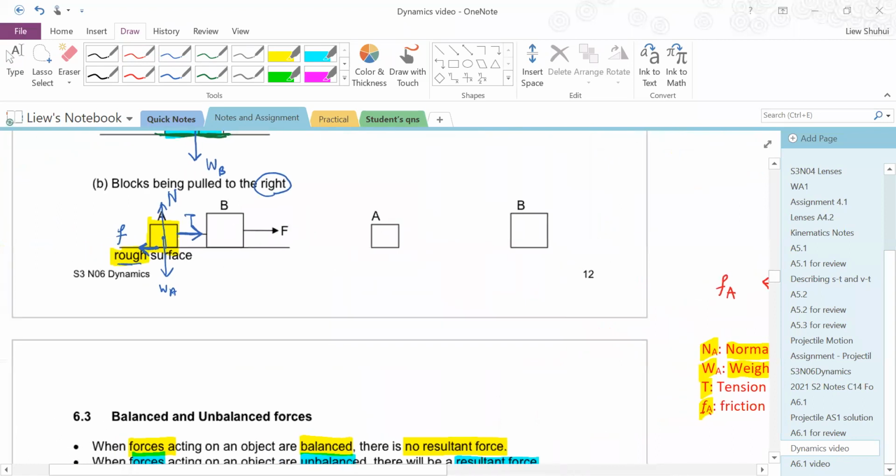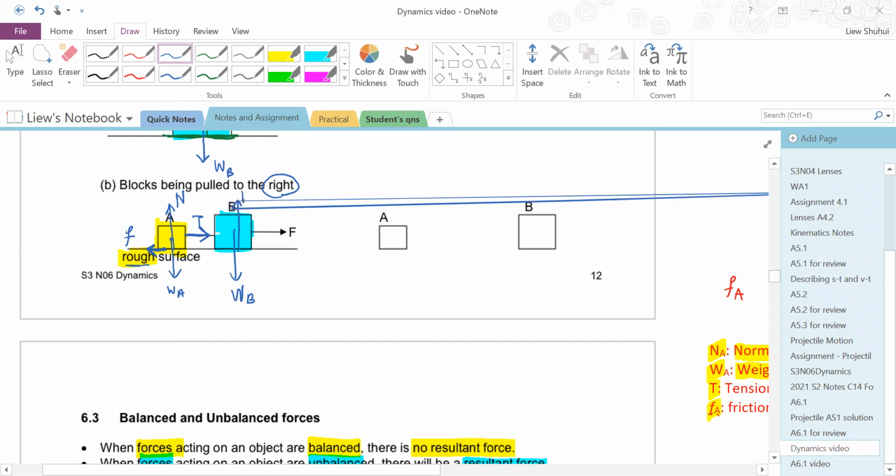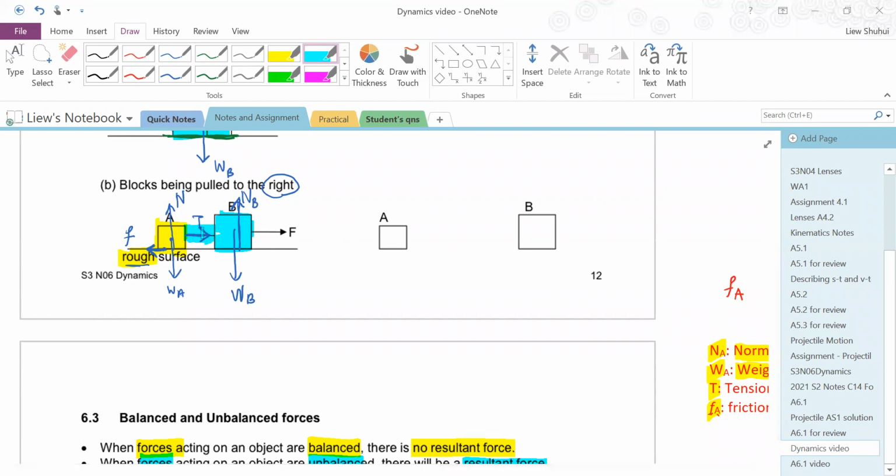Now let's look at body B. Body B here again will have its own weight pointing in the downward direction and a normal contact force in the upward direction. Since it's connected to the same string, B will experience a tension in the opposite direction and equal in magnitude.